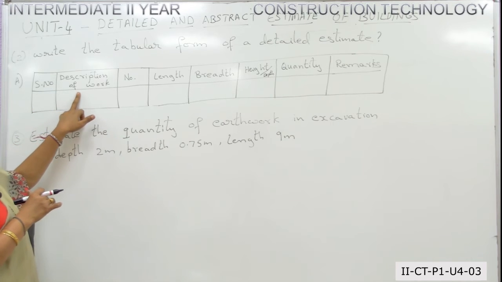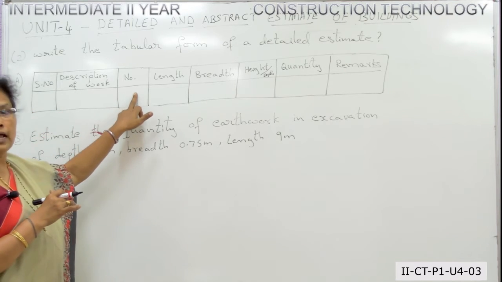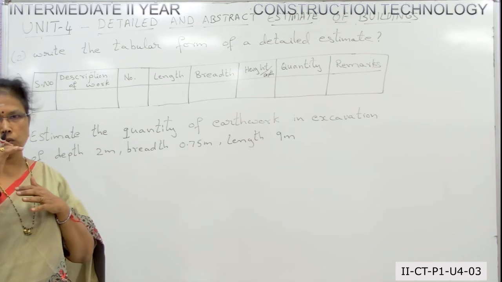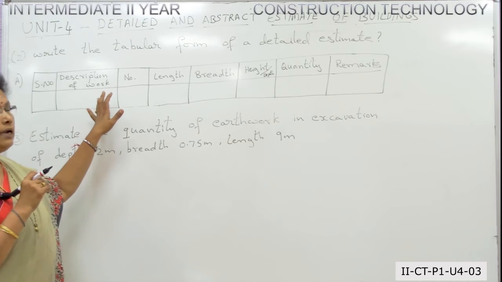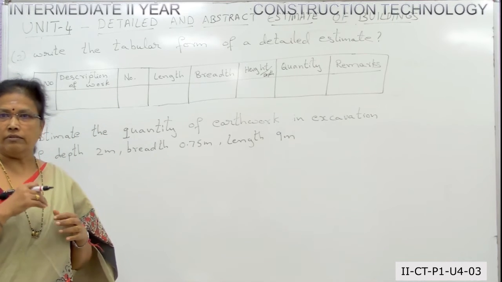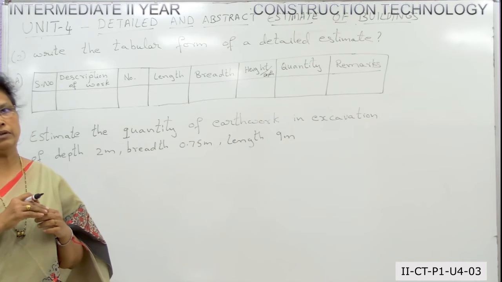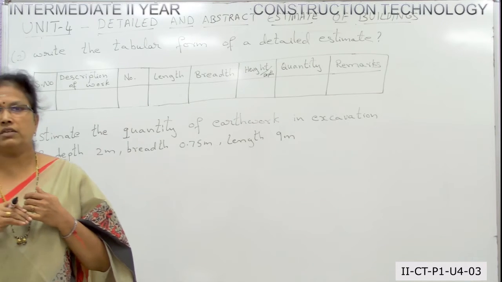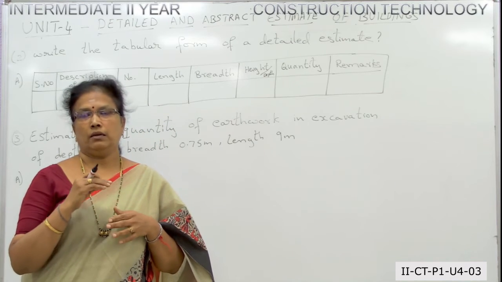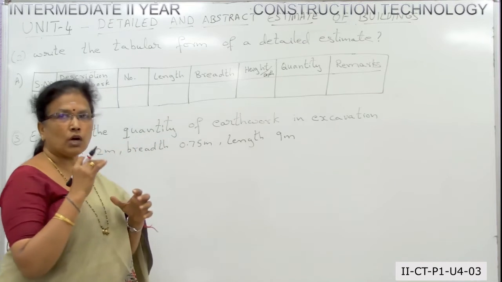First is serial number, description of work, number. Serial number means items 1, 2, 3 that we will be mentioning here. And description of work is what the main items of work are, which we discussed in the second chapter. First work is earthwork excavation, then CC bed, first footing, second footing, basement, superstructure, and so on.